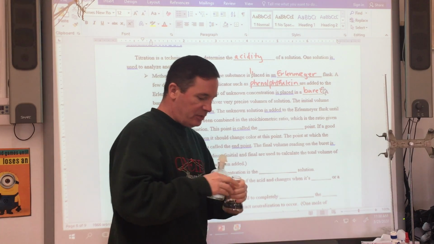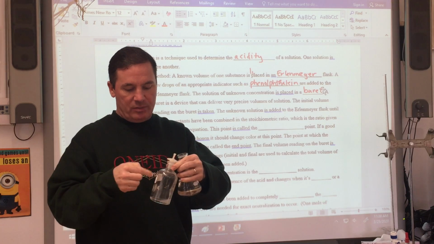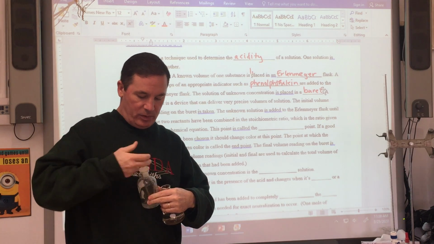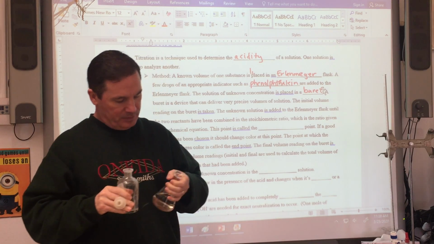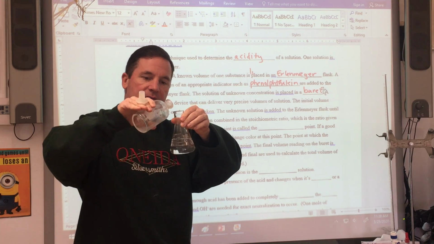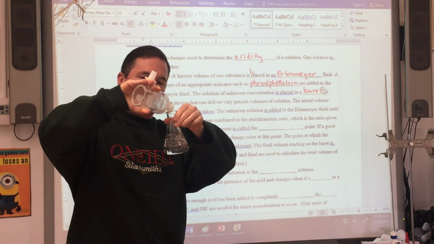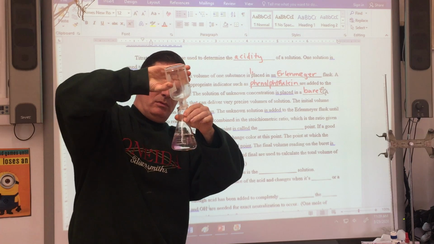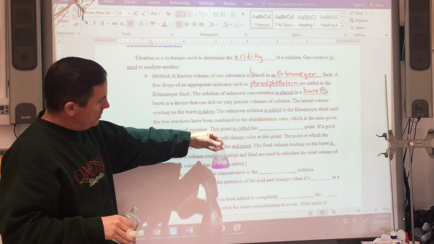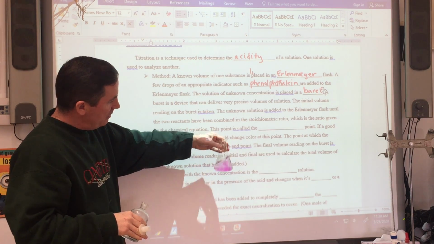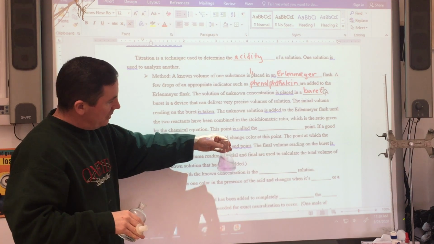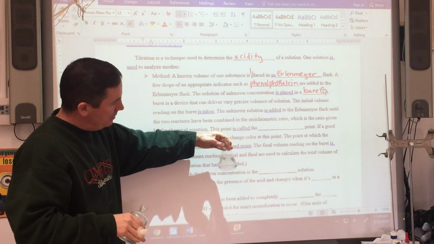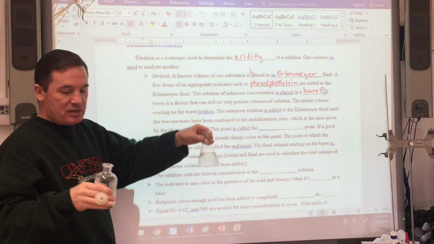So when we have, I'll just show you very briefly, I've got some sodium hydroxide here, NaOH, and I've got some acid in here, and just see what happens when I pour some of this in here. You can see that it turns pink. Now if I continue to stir that around, the pink disappears.